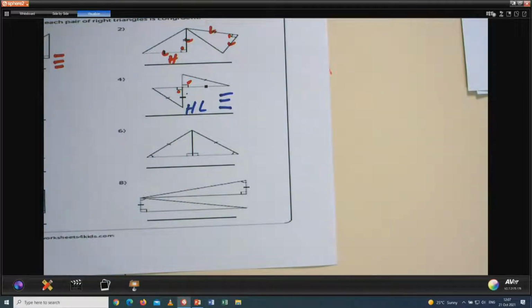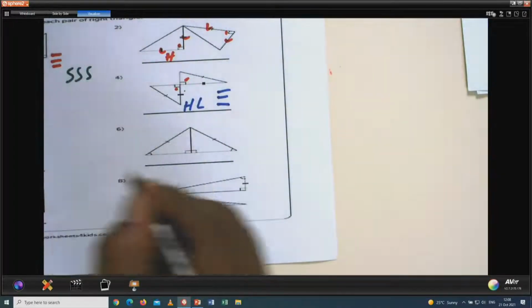3 elements: 90 degrees, hypotenuse, and length. Angles and side. That's what you'll be looking for. Those 3 properties that we spoke about. Remember, we said we're looking for 3 sides.